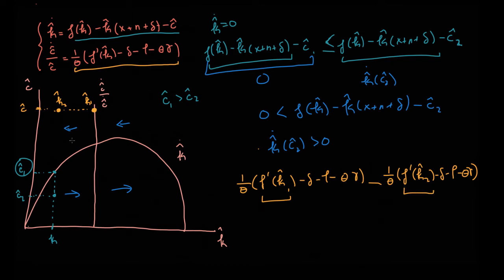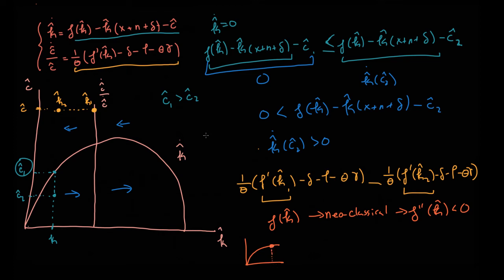So we have to think about what we know about the function f of K hat. And we don't know the specific functional form of it, but we do know that it's neoclassical, which means that f double prime of K hat is going to be less than 0. It's concave, right? So if you think about two values of K in this function, one value that's larger, so this would correspond to the larger one.